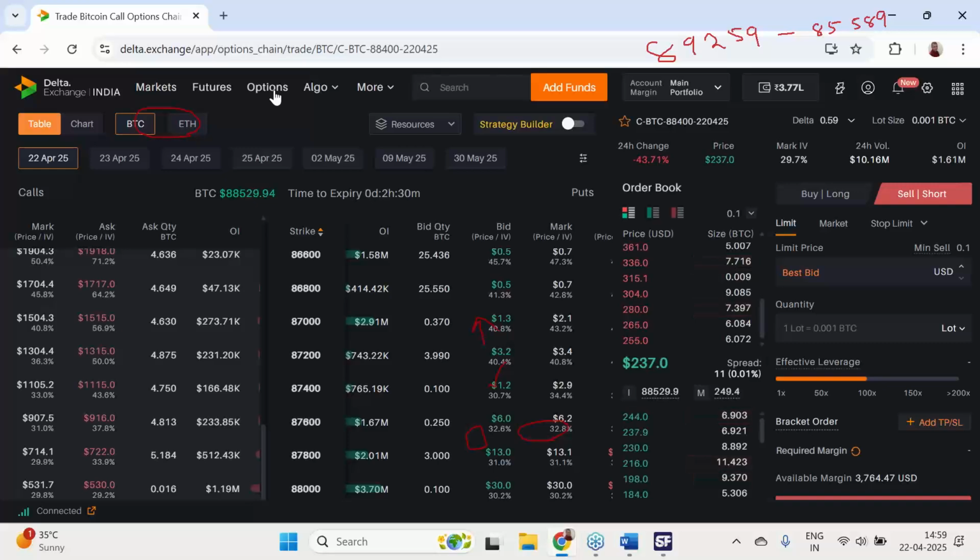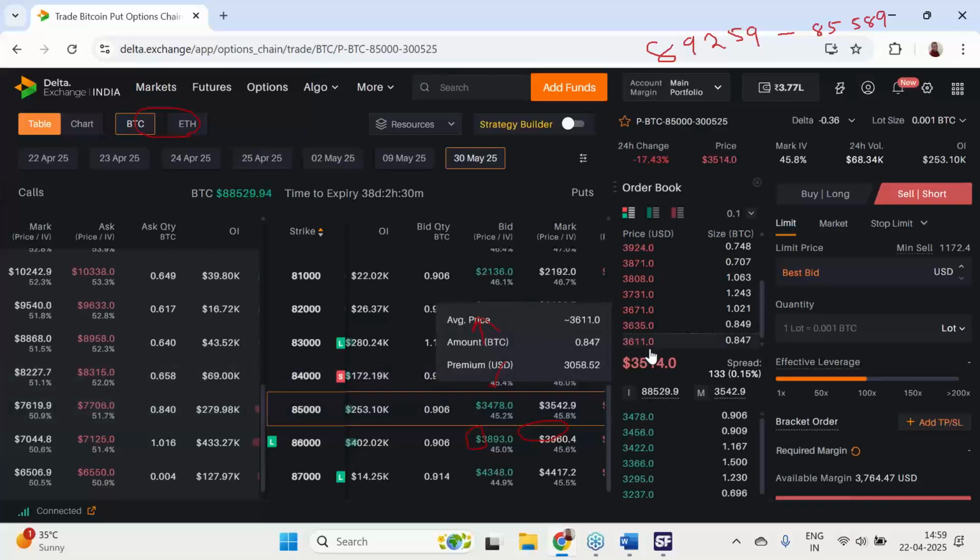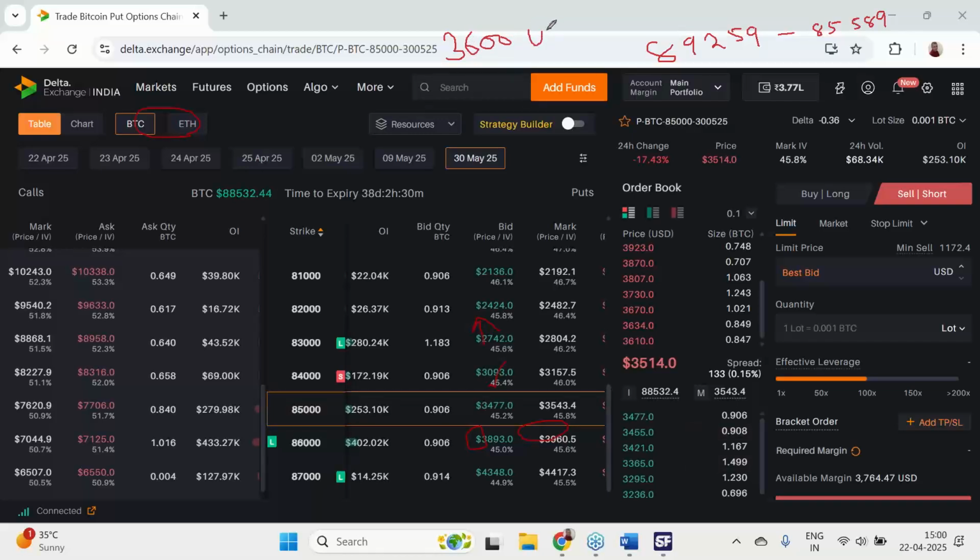This is a general logic. If I go for the 85,000 put option here, it is quoting at $3,600 as per Bitcoin's terminology. If you buy this put option at $3,600, what will be your risk? You will say 3,600 is my loss risk.